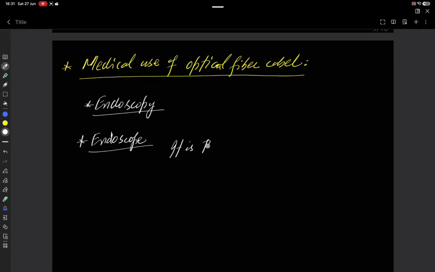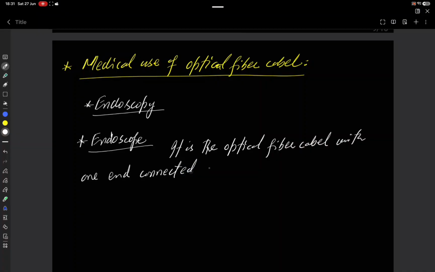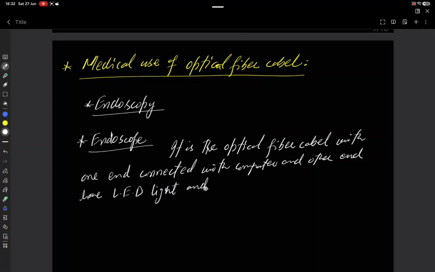It is the optical fiber cable with one end connected with a computer and the other end having an LED light and camera.